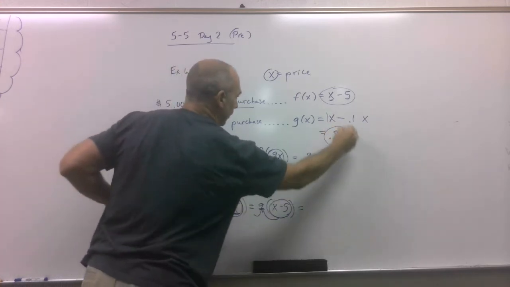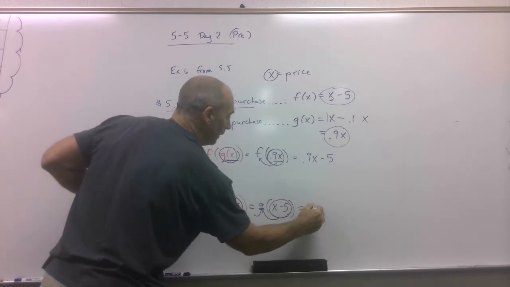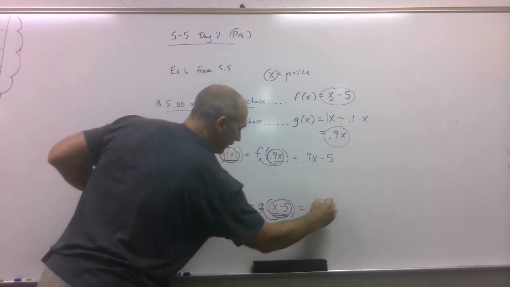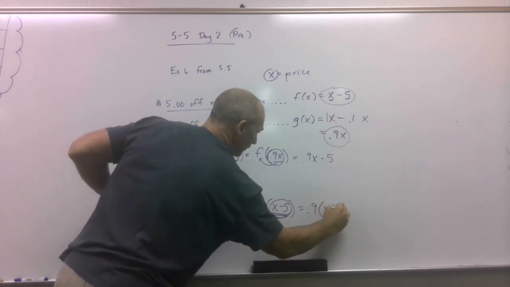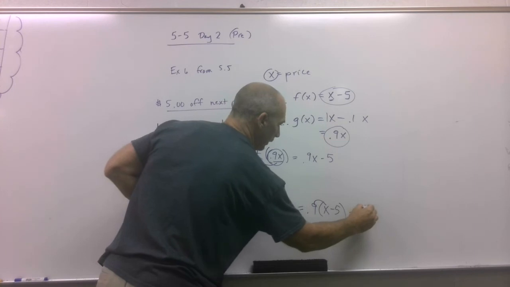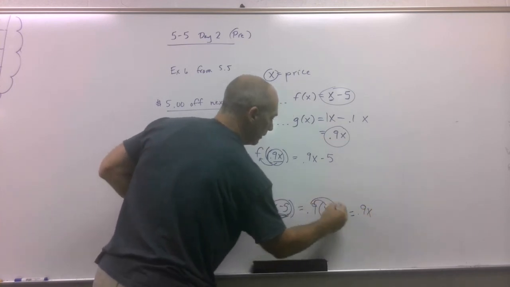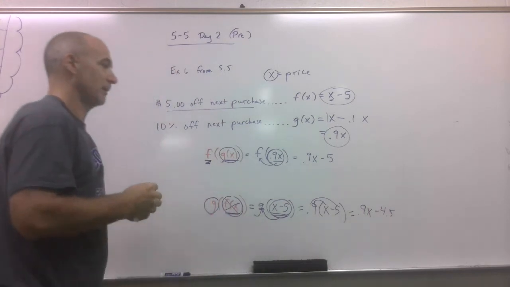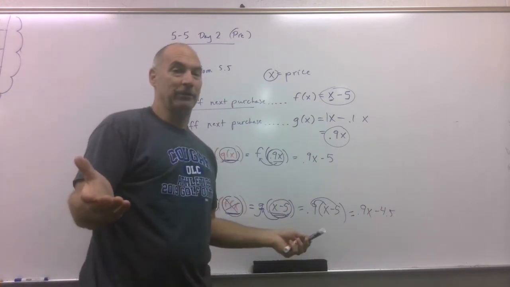And g is right here. So I'm going to go 0.9 times x. But remember, I'm going to put all that in for x. x minus 5. I'm going to distribute this. So I get 0.9x minus 4.5.